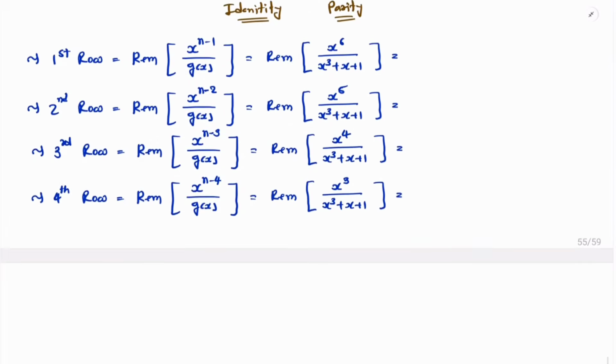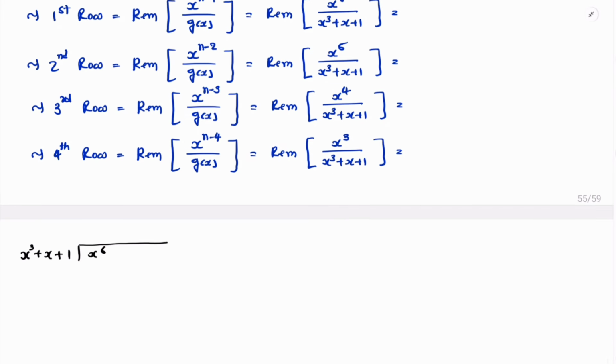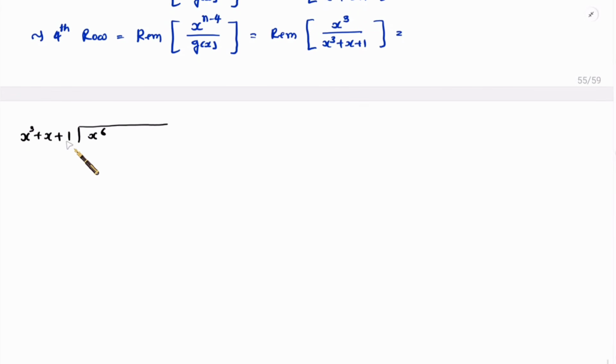So first of all, I'll perform the first division. In the first division, we have x to the power 6 divided by the generator polynomial x cube plus x plus 1. Always remember, this division is modulo 2 division.